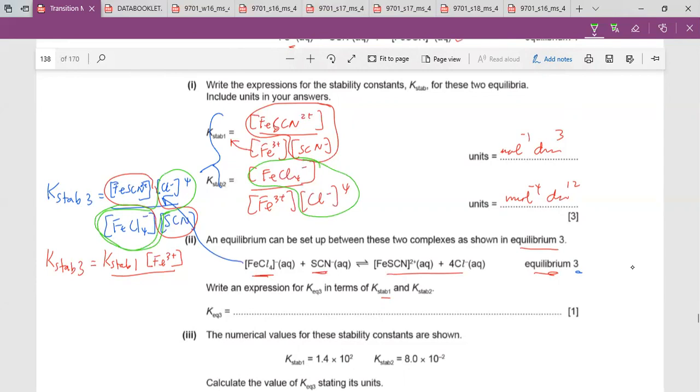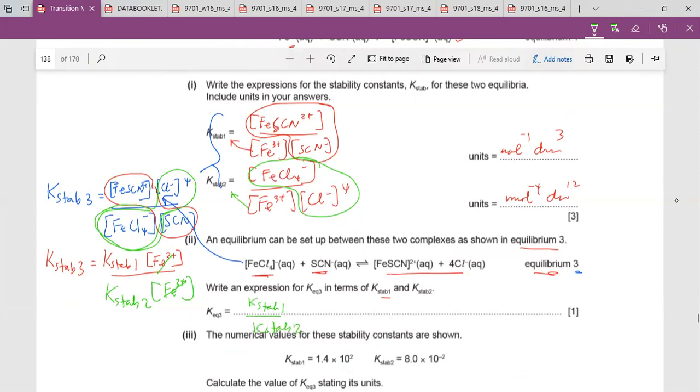Because you bring this up here. So we're under here. So it's K step 2. The Fe will cancel off. Okay. So K step 3 is equals to K step 1 over K step 2.